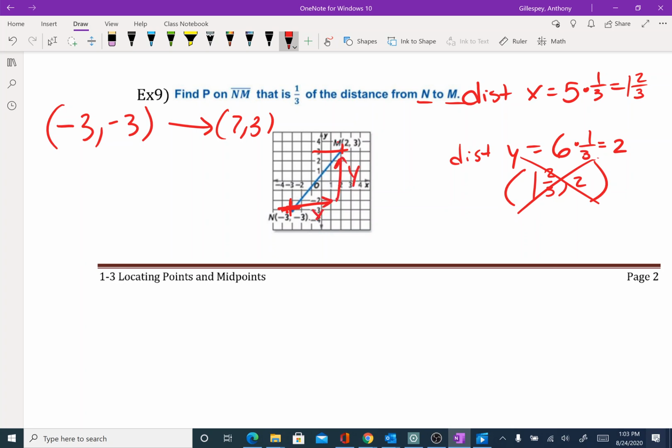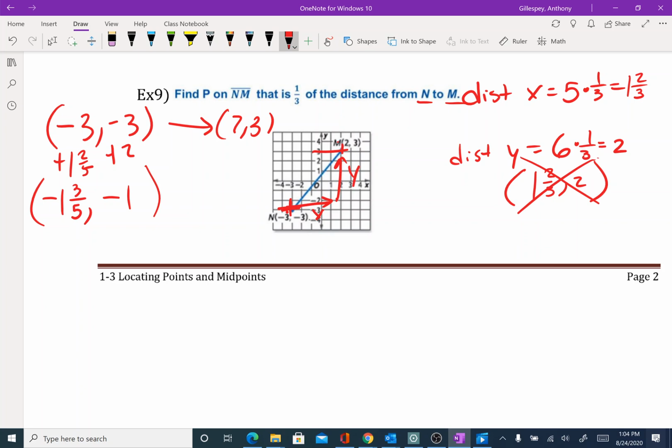So we're going to add 1 2/3 to the x. And we're going to add 2, since we're going up on the y's, to the y's. So what's going to happen? We're going to get -3 plus 1 2/3 is, if you check the math, -1 1/3. Right? And -3 plus 2 is -1.